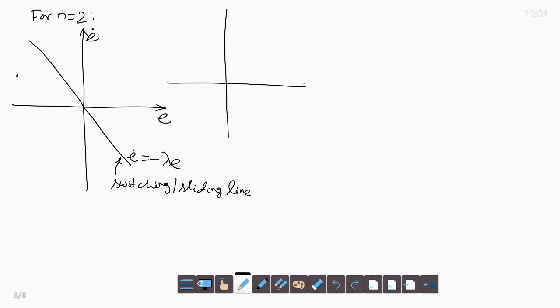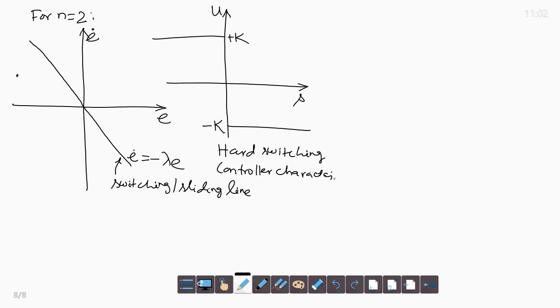The control law is the control input u versus the sliding variable s: u equals plus k if s is negative, and u equals minus k if s is positive. This is the hard switching controller, and these are its control characteristics.